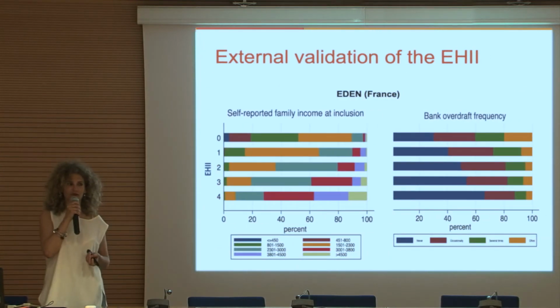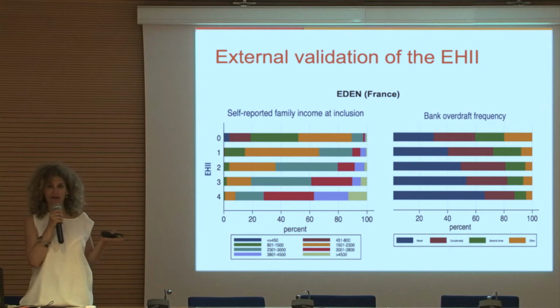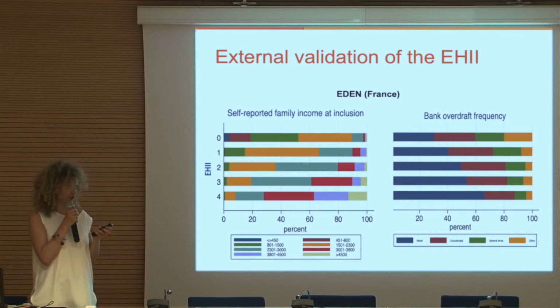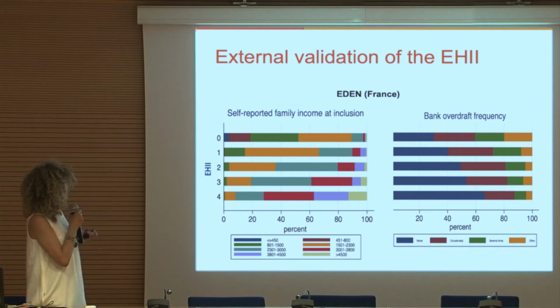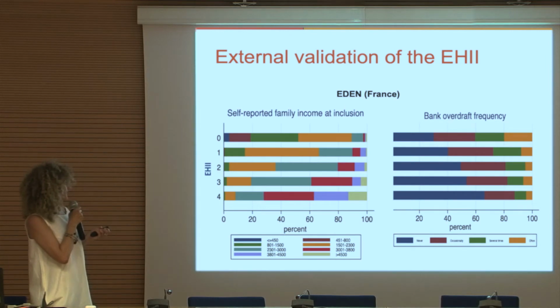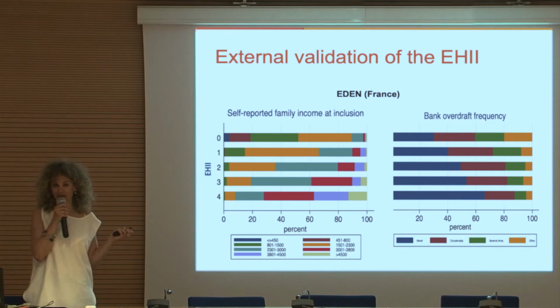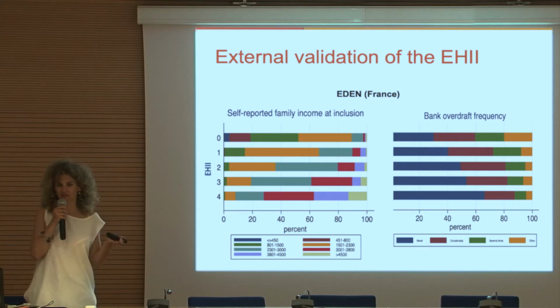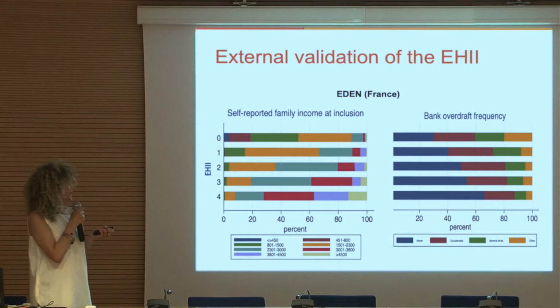We have validated the prediction model using a temporal validation, but after having derived this indicator for all these studies, we also wanted to evaluate the agreement between this variable and other SEP-related variables. So here, for example, I show you the agreement between the predicted income, categorized in quintiles, where 0 is the lowest, the poorest subjects, and 4 the richest, in comparison with two variables that were available in a French birth cohort called Eden, because in this cohort the self-reported income was available, the one collected through the questionnaire, and also the bank overdraft frequency.